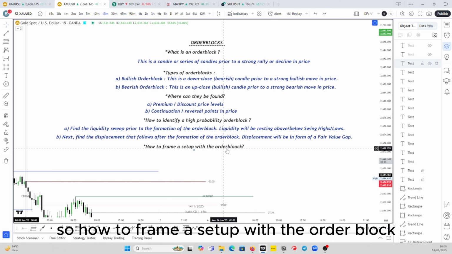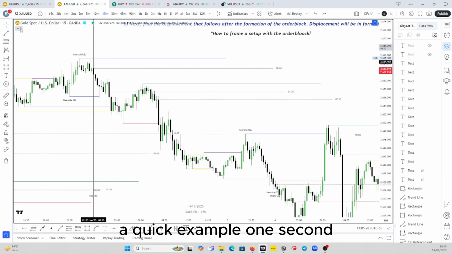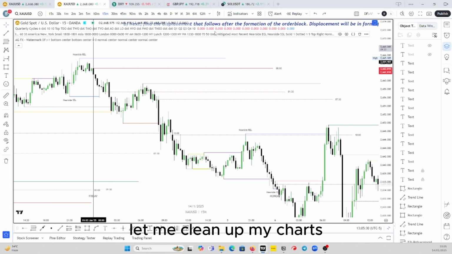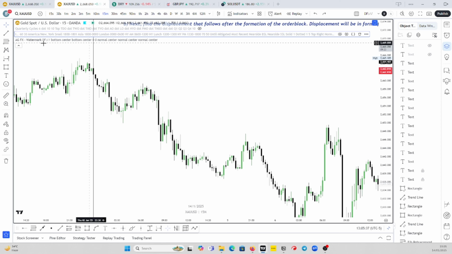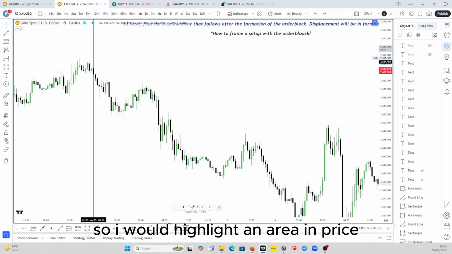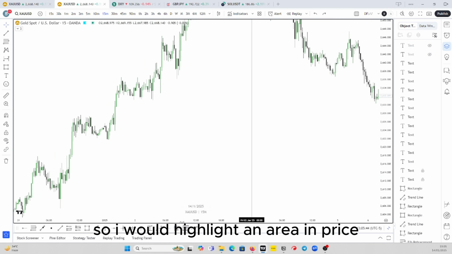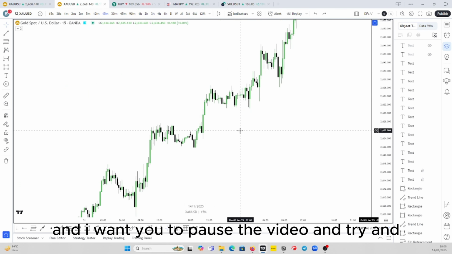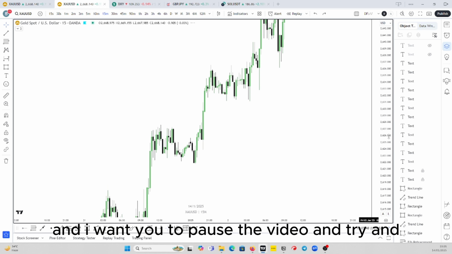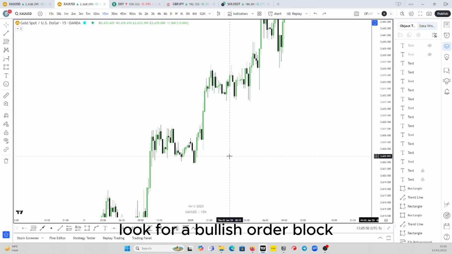So how to frame a setup with the order block? First of all, let me give you a quick example. One second, let me clean up my charts. Okay, so I would highlight an area in price and I want you to pause the video and try and look for a bullish order block in this case.